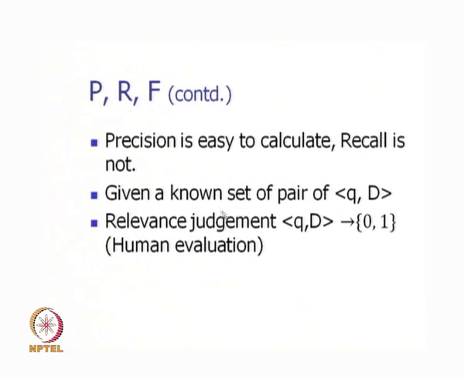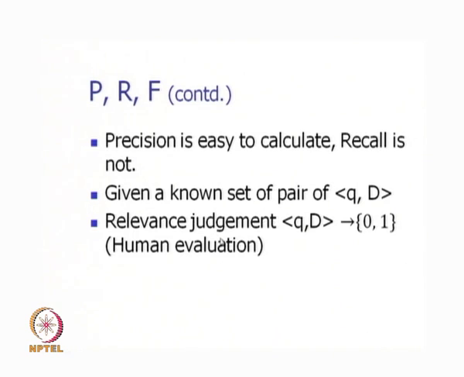Given a known set of pairs of Q and D, that is query and document pairs, a relevance judgment is produced which has value 0 or 1. So, 1 indicates this document D is relevant for the query Q, and 0 otherwise, and this is typically done by human evaluation.